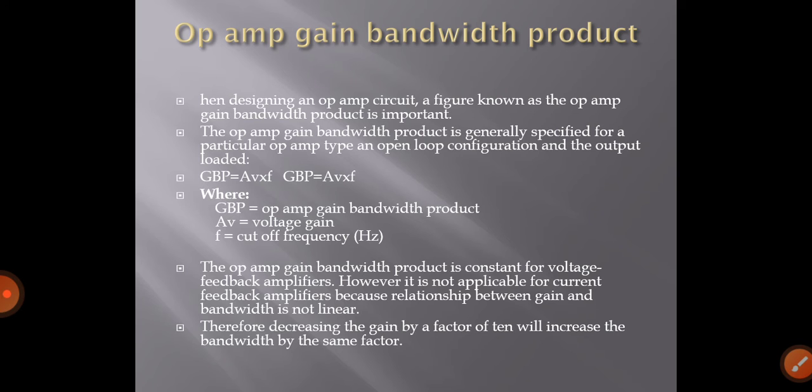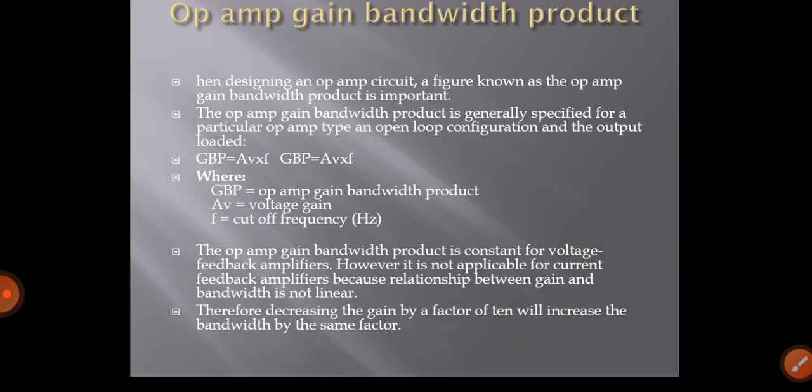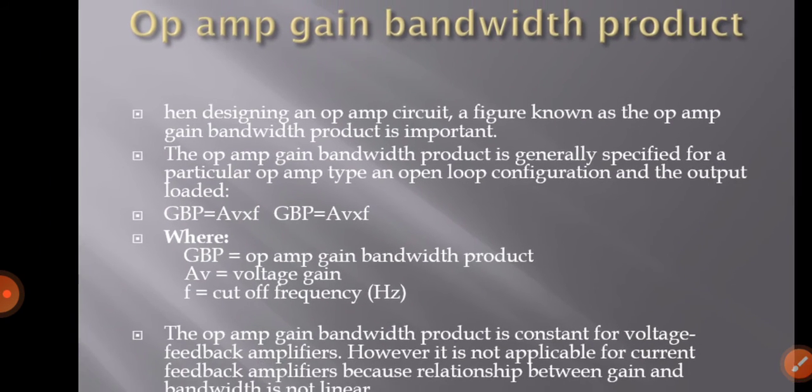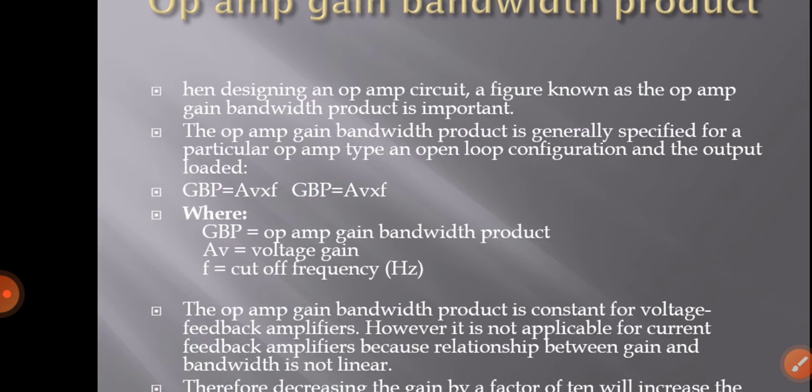Op-amp gain bandwidth we have to calculate by these equations. These equations are very important to identify. Hence, when designing an op-amp circuit, a figure known as the op-amp gain bandwidth product is important.